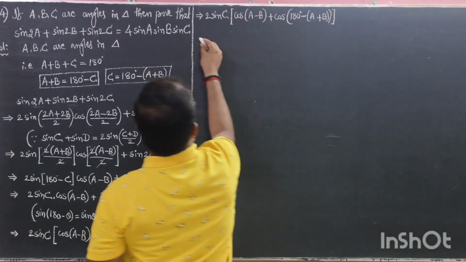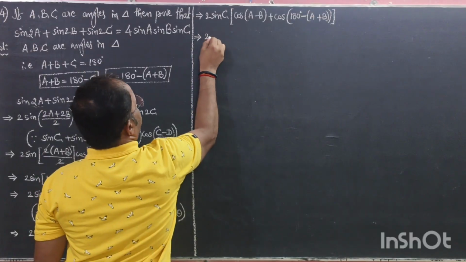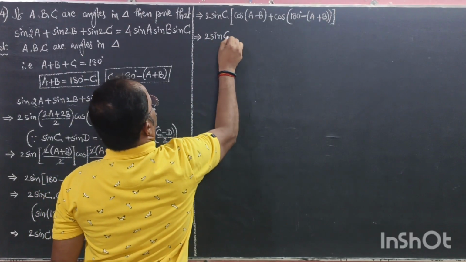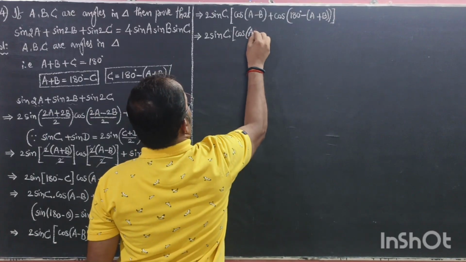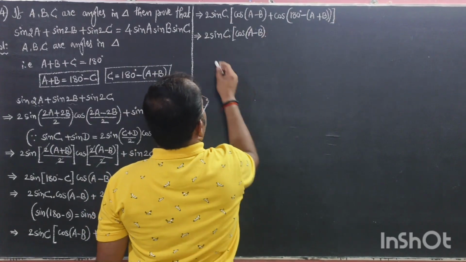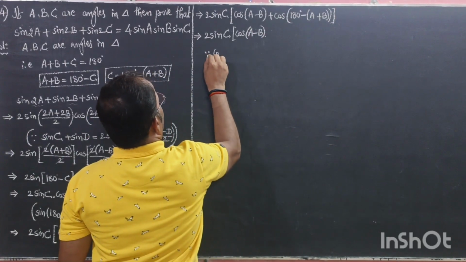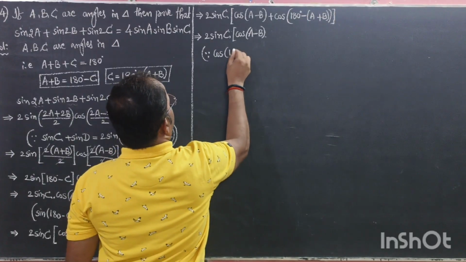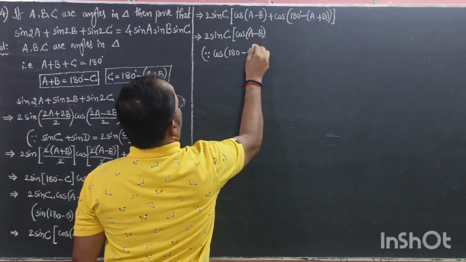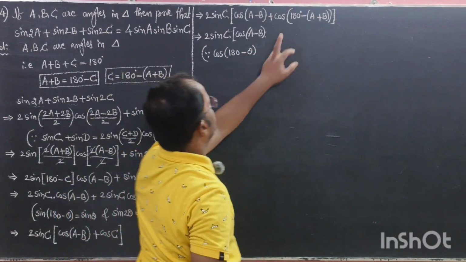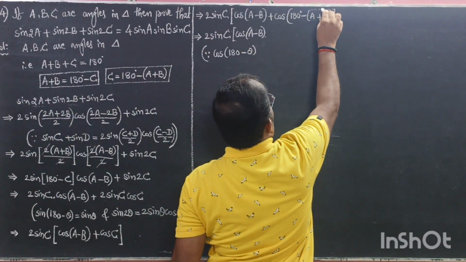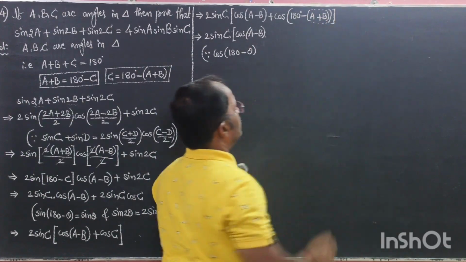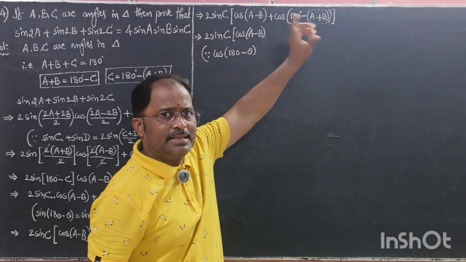Right. Next, 2 sin C as it is, and the first term also as it is, cos of A minus B, and this one is the formula we have, cos of 180 minus theta. Let A plus B be theta.